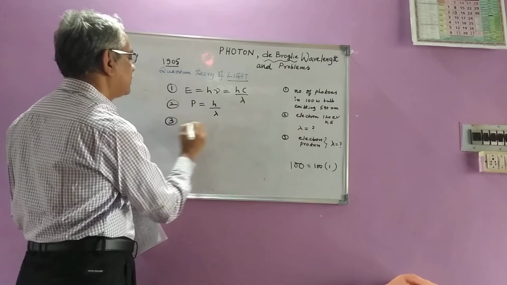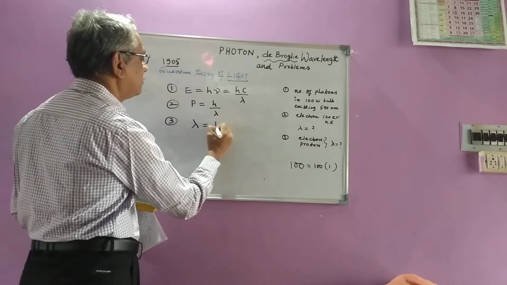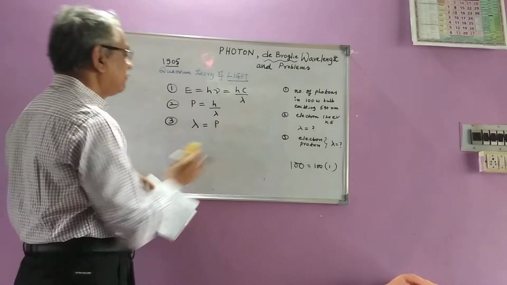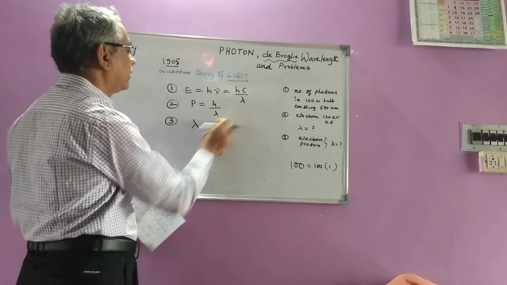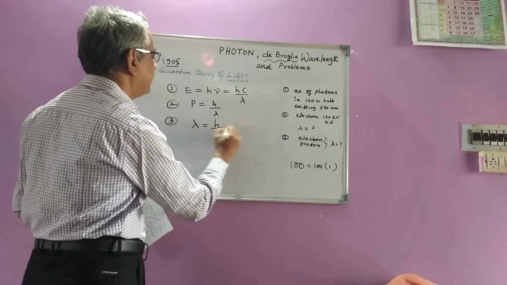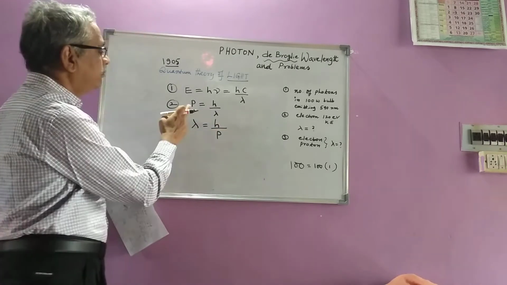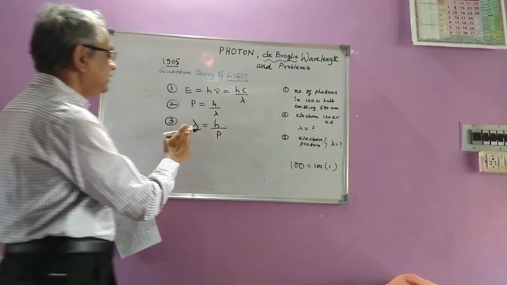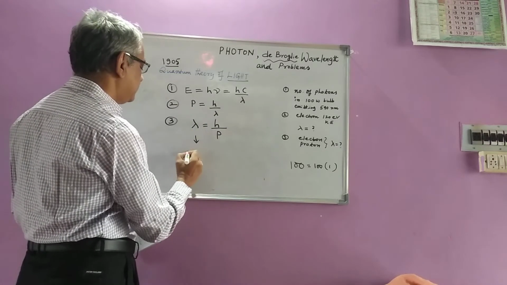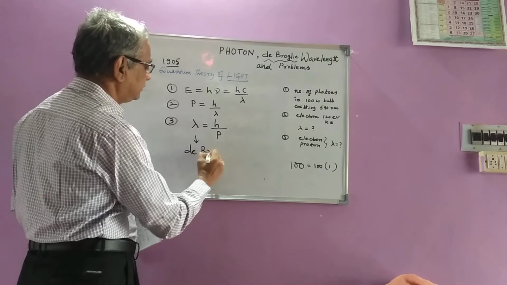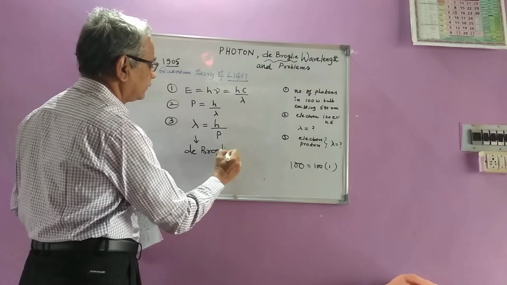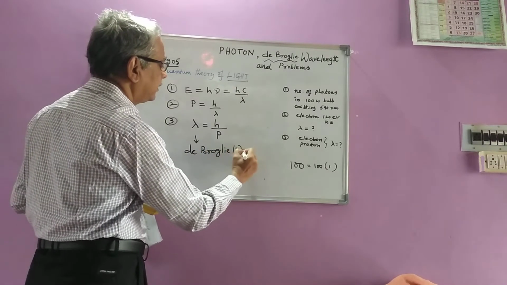And from here I can write lambda is equal to h divided by P. And this lambda is known as de Broglie wavelength.